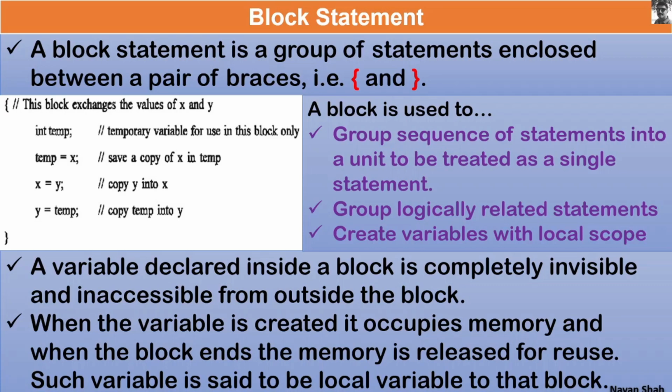It is not accessible. It is invisible. When the variable is created, it occupies memory, and when the block ends, the memory is released for reuse. Such a variable is said to be a local variable to that block. In this example, x and y are not local because they are not defined inside this block. Only the variable temp is defined within the block, so it is a local variable and its scope is only within this block.